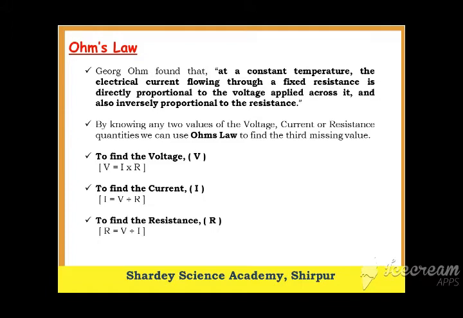To find the current, I is equal to V upon R. To find the resistance, R is equal to V upon I.